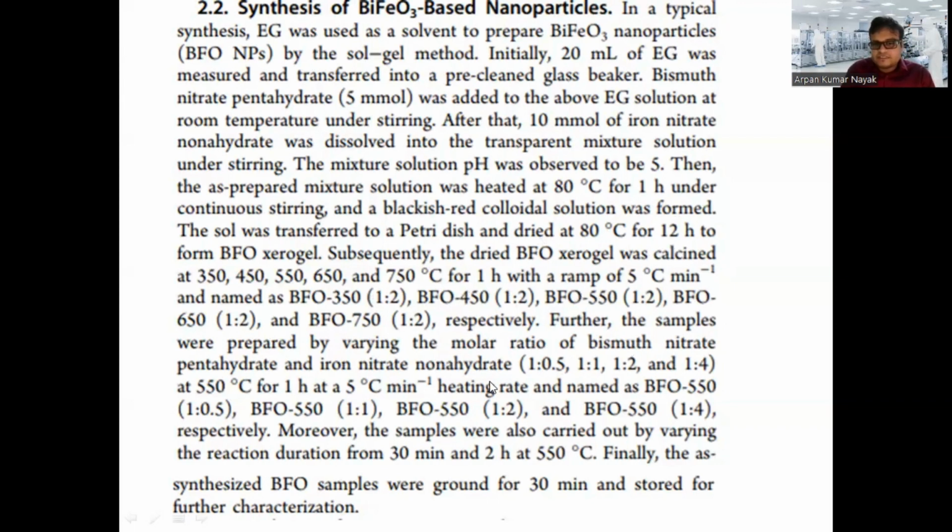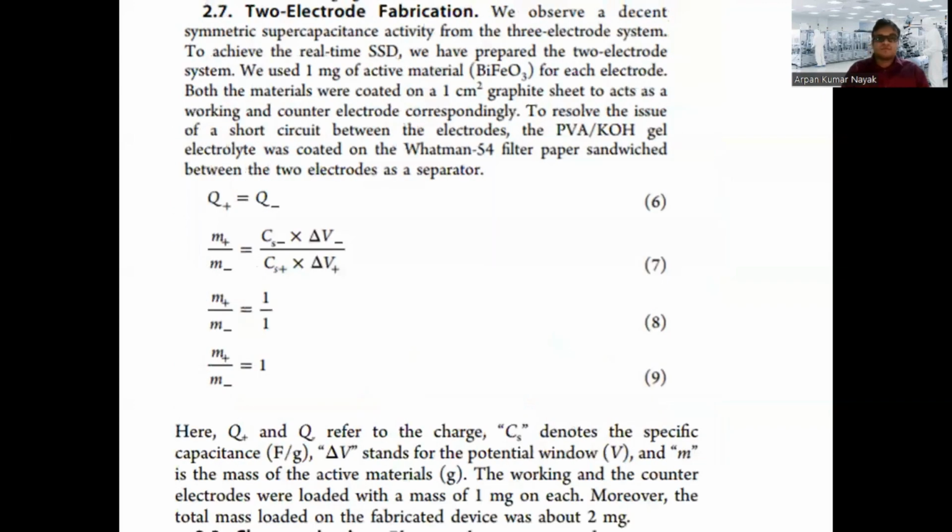Further, by varying the ratio, they prepared it, and what I told is the same. So the step-by-step process, what you did first, second, third, all the steps you have to write clearly, and that will be your synthesis methods.